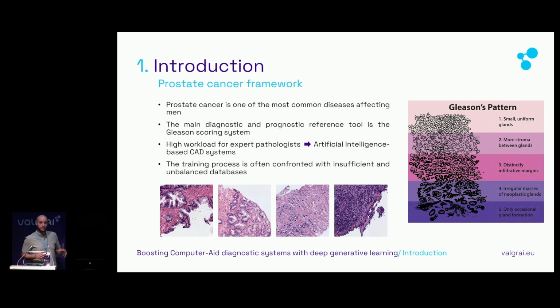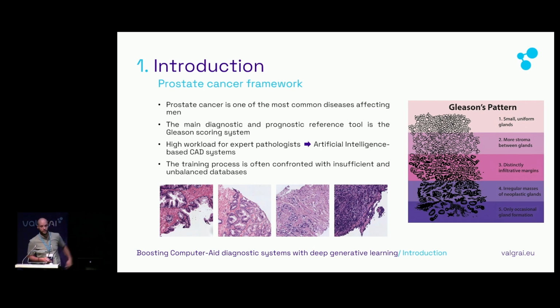Nowadays, pathologists have a lot of workload to diagnose the different tissues, and here artificial intelligence-based computerized diagnostic systems are very relevant. However, there exist some drawbacks. For example, the training process is often confronted with insufficient and unbalanced datasets.